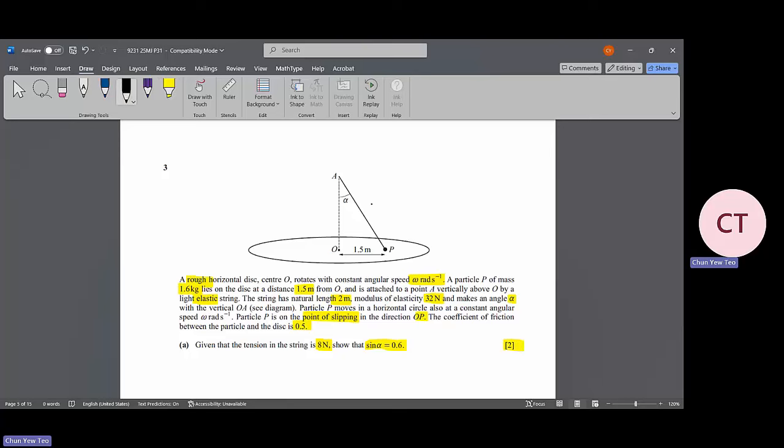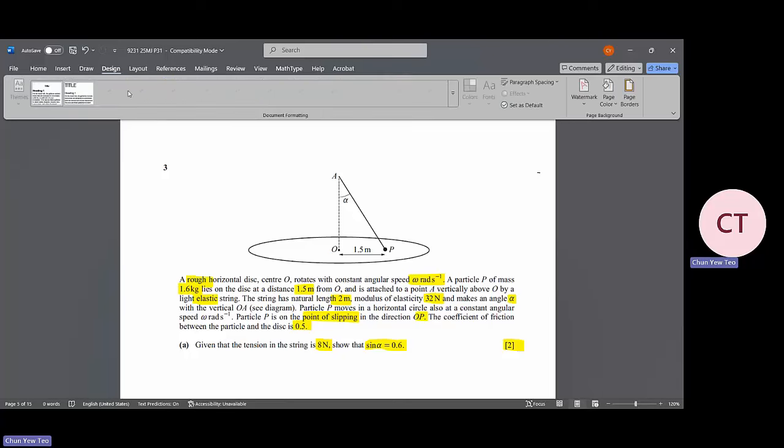If you look at this triangle, this is the alpha, this is the 1.5. So sine alpha is 1.5 divided by the hypotenuse. The hypotenuse is the length of the string after you have stretched it.